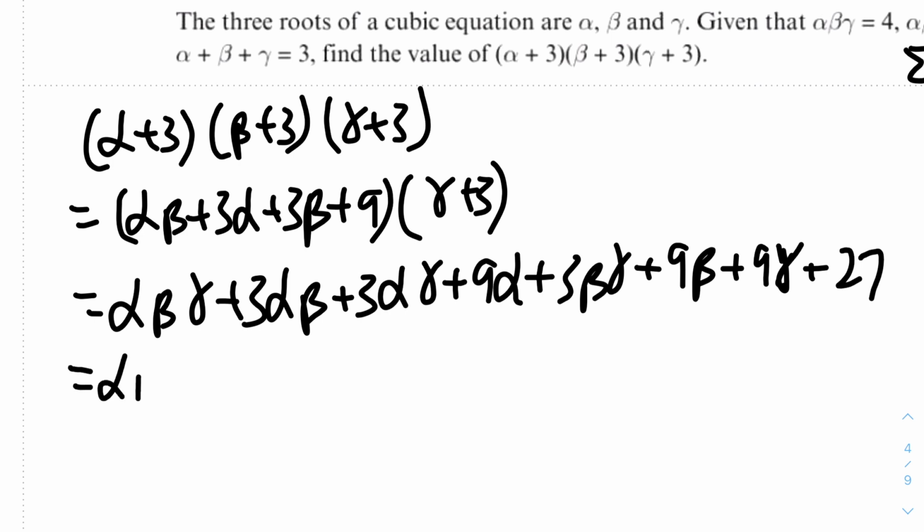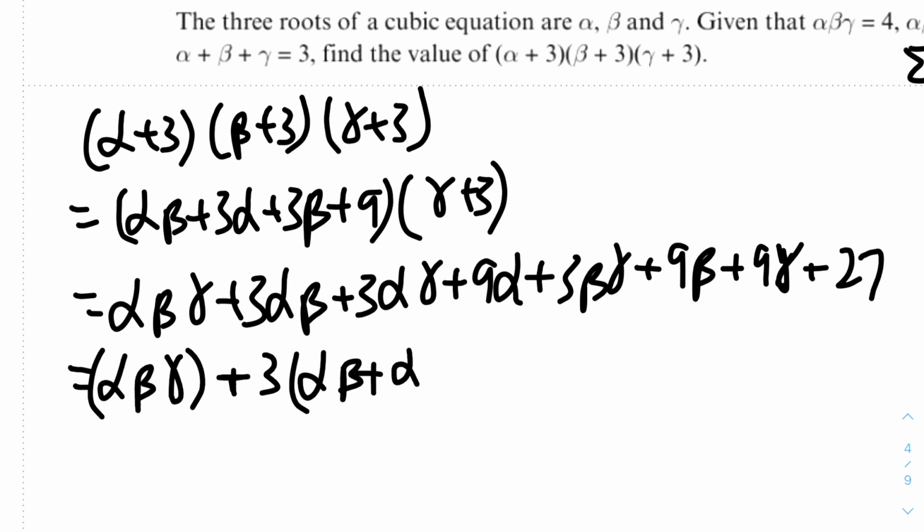It will be alpha beta gamma, and let's group this as well because this is the product of the 3 roots, plus 3 times the sum of product pairs. It will be alpha beta plus alpha gamma plus beta gamma, right? Because those are the only product pairs, like 1, 2, 3. And we already counted this in this case right here. And the rest is just the sum of roots and 27.